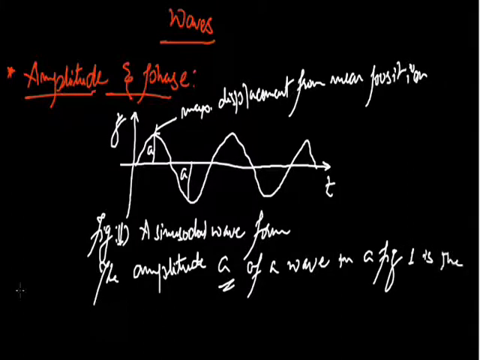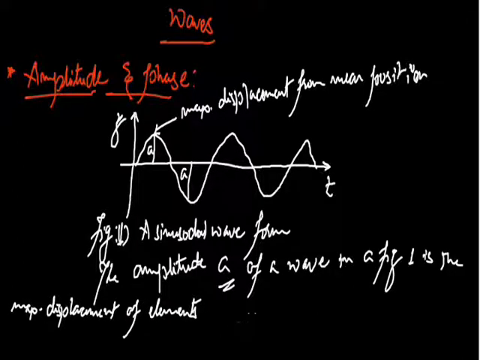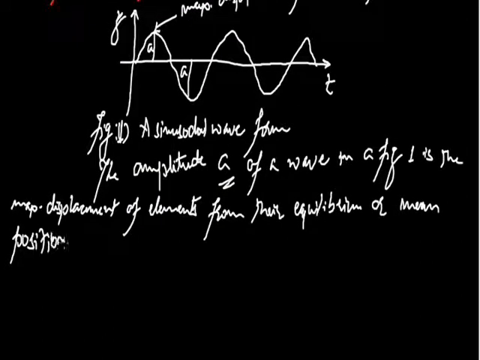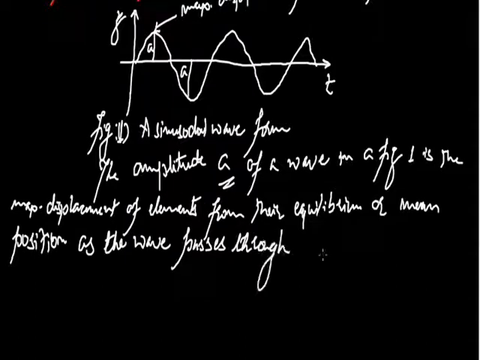It is the maximum displacement of elements from their equilibrium or mean position as the wave passes through them.